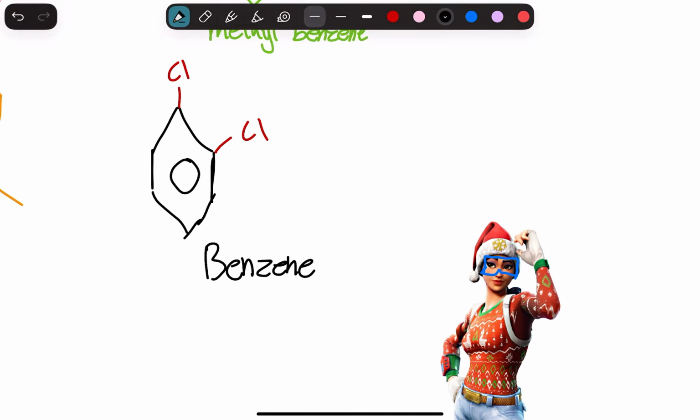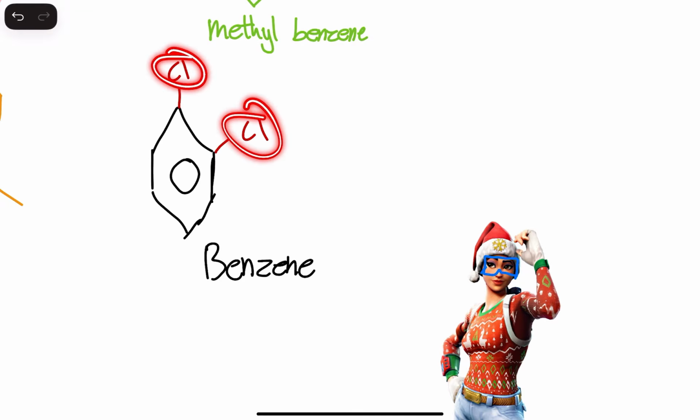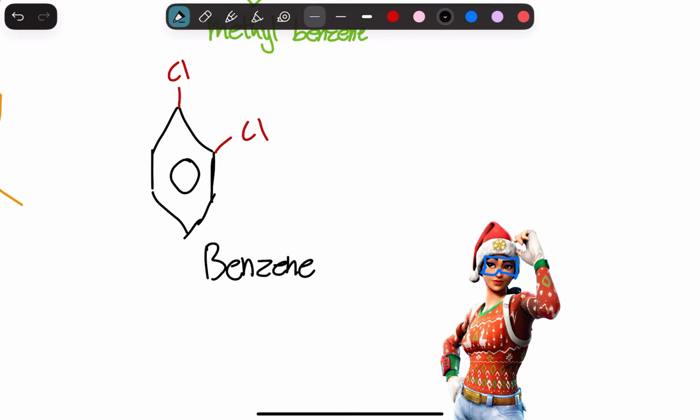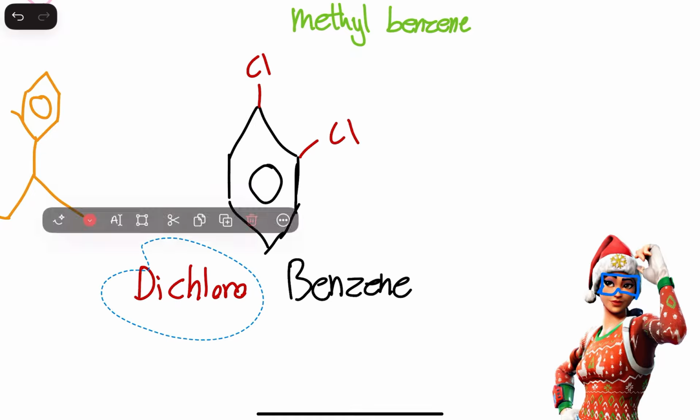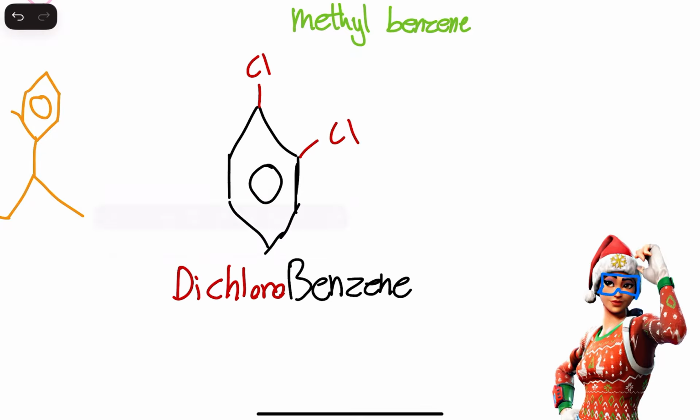And now we're going to look for our substituents. We see we have 2 substituents, and they're of the same group. In the last video we mentioned that if they're in the same group, we use di-, tri- prefixes. So we have 2 of them, so it's going to be di, and then they're chlorine, so dichlorobenzene. Are we done?